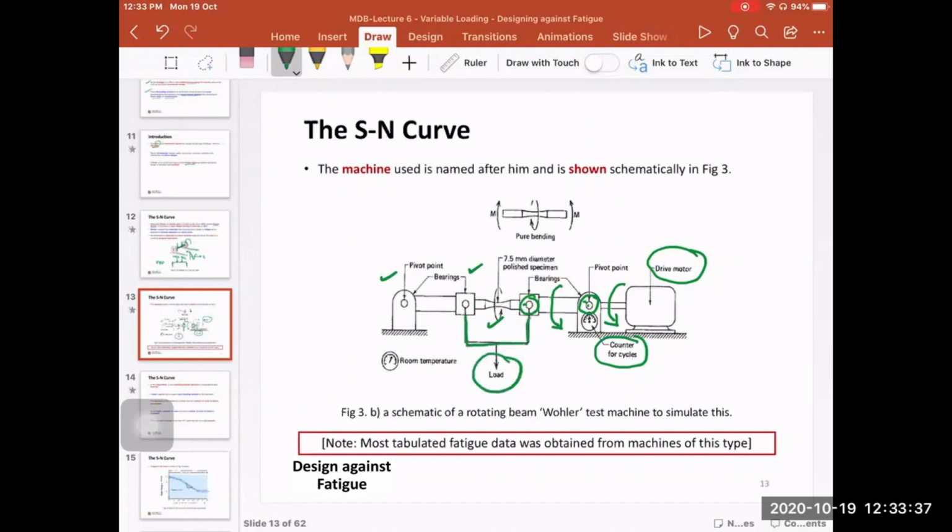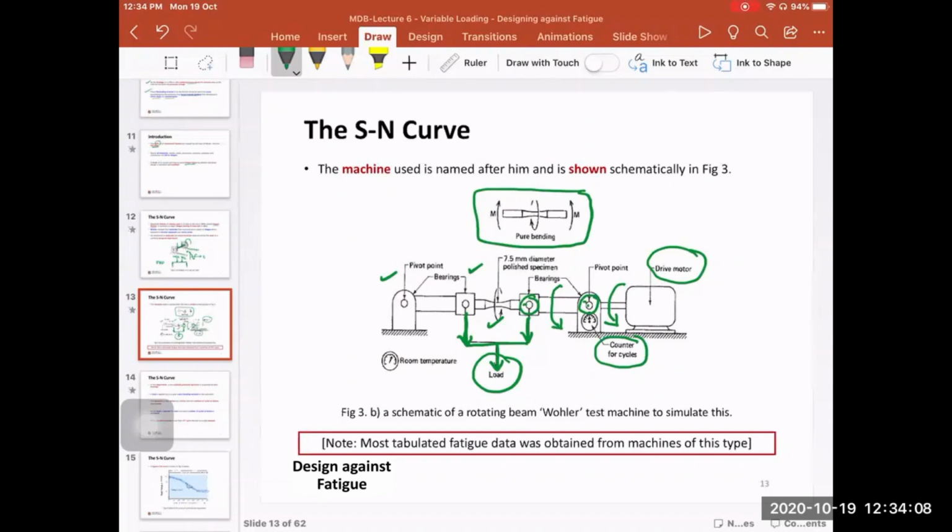So based on this loading, we have some sort of pure bending. You have loading here, and loading here, and the specimen in the middle, and we want the specimen to rotate as well. That's why we have a motor, and those bearings, etc. So it rotates, and based on the loading, we have pure bending.